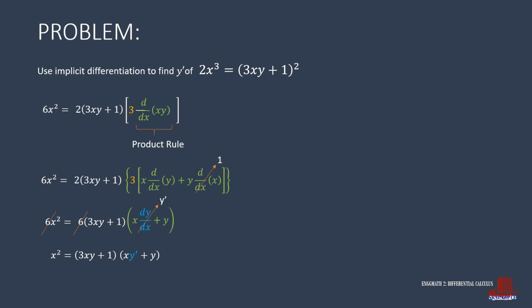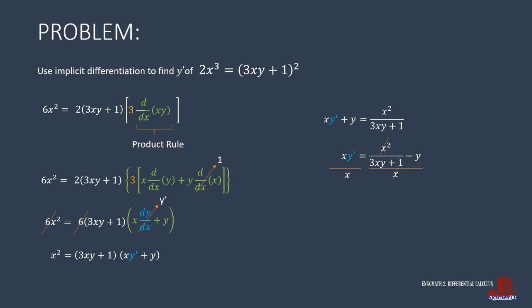Isolate a term with y prime and take the whole quantity. Divide x squared by the other quantity of 3xy plus 1. With parentheses out of the picture, we can transpose y to the other side and have just xy prime as equal to the ratio of x squared with the binomial 3xy plus 1.